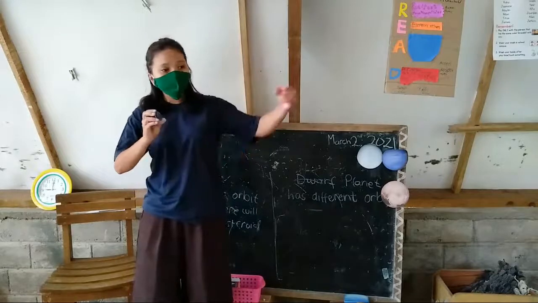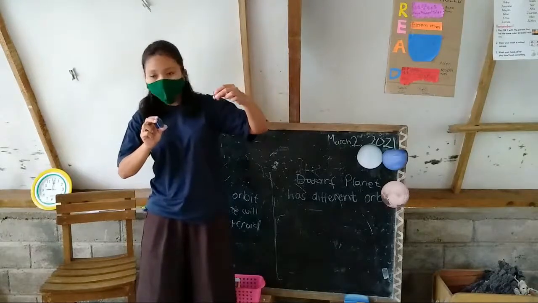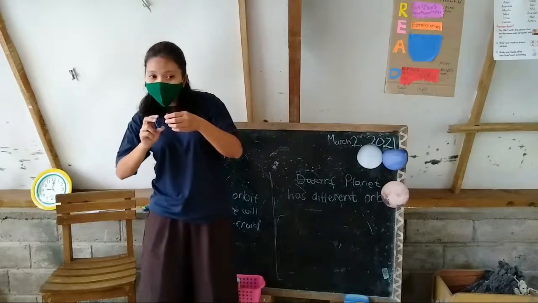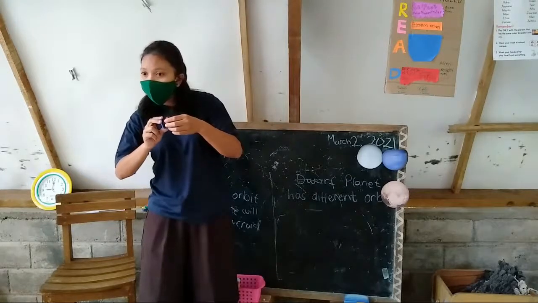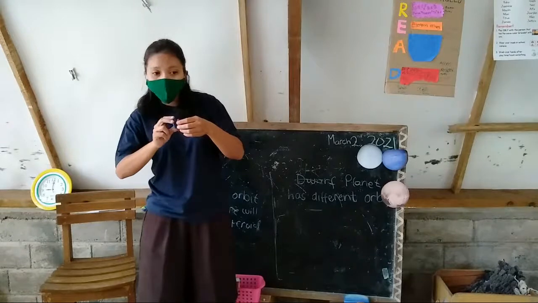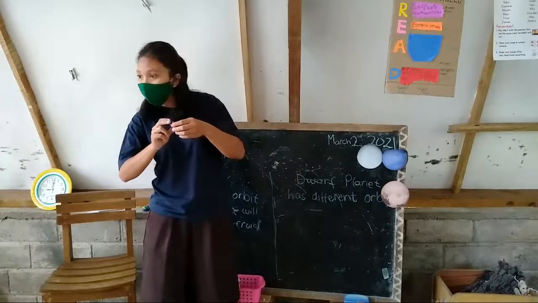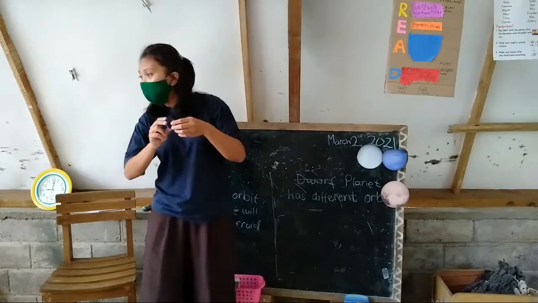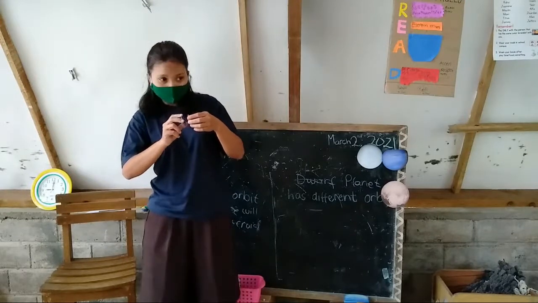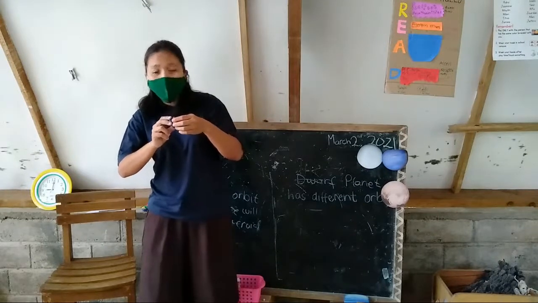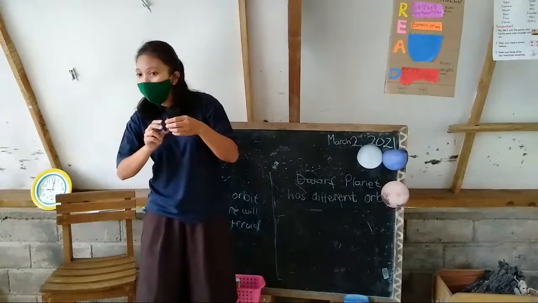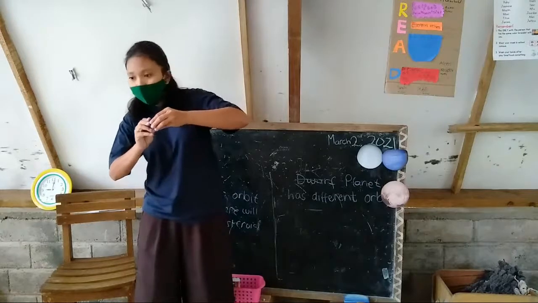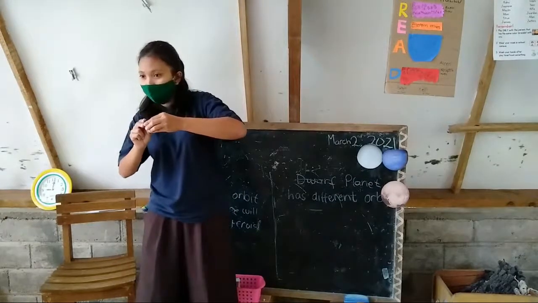When the asteroid wants to get closer to the Earth, the atmosphere will hold the asteroid from crashing into the Earth. It protects the Earth like a shield. But if the asteroid is too big, then it will crash into the Earth.